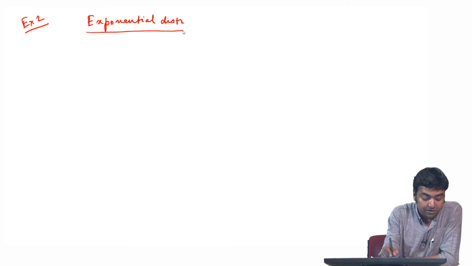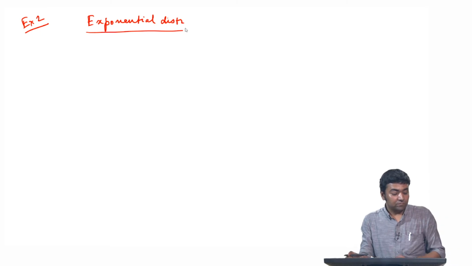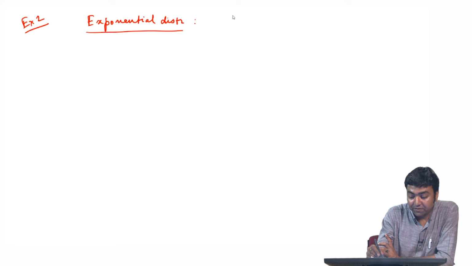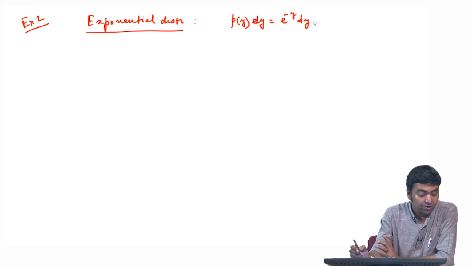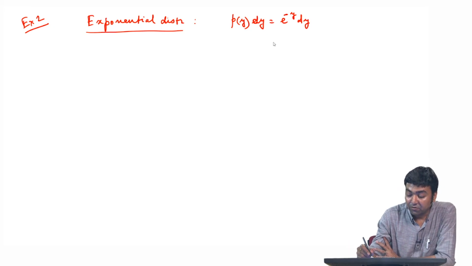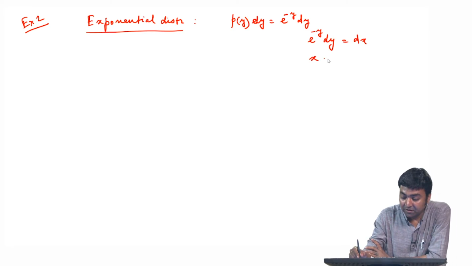What I want to generate is a set of random numbers with my desired distribution equal to e^(-y) dy. Again I apply the conservation of probability. So, what I get is the following: e^(-y) dy is equal to dx, and I integrate on both sides.